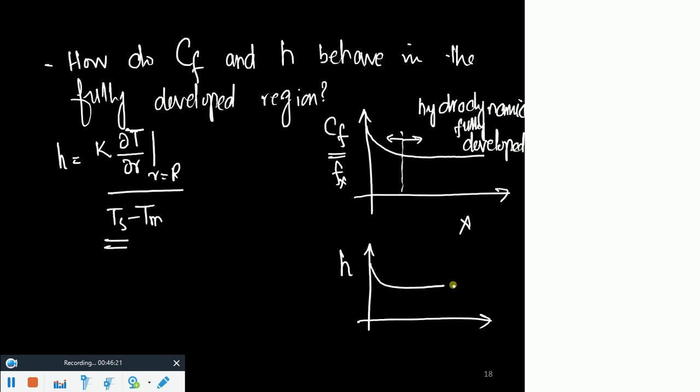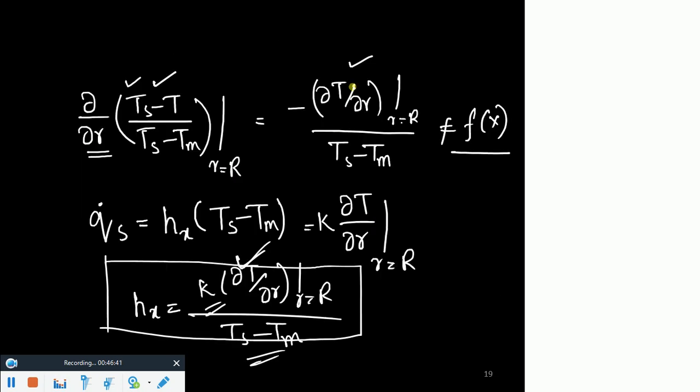It should also be constant, while in the entrance region it should change as you move along the pipe. So in the thermally fully developed region, hx also remains constant. By the way, I just said that this Ts remains constant. What if this Ts does not remain constant?